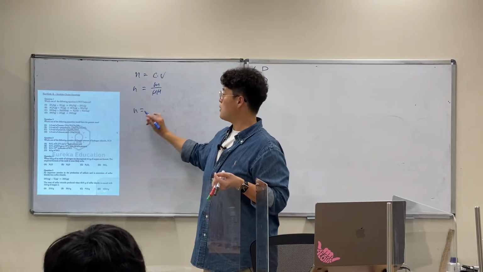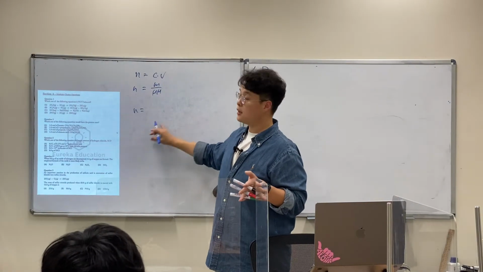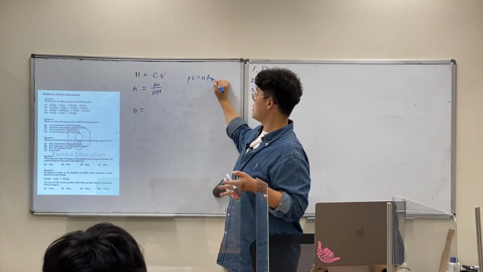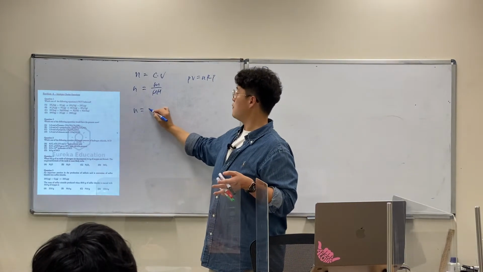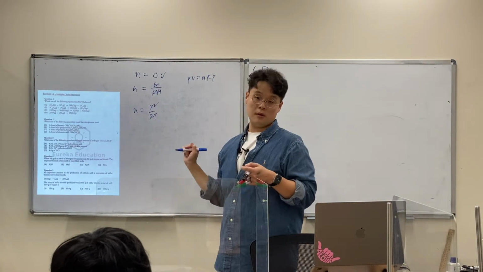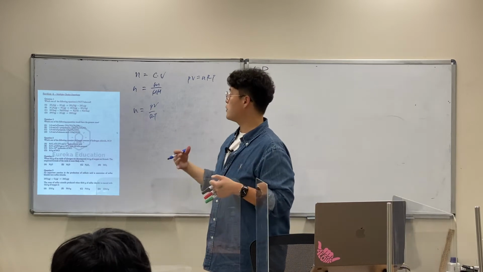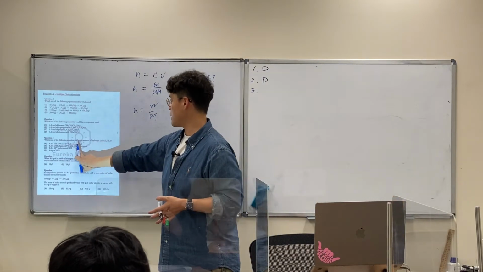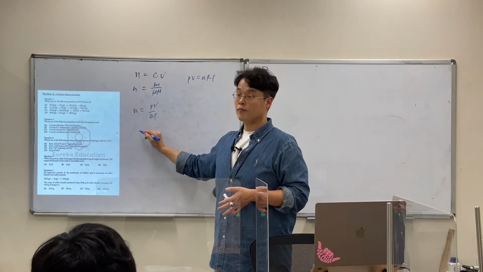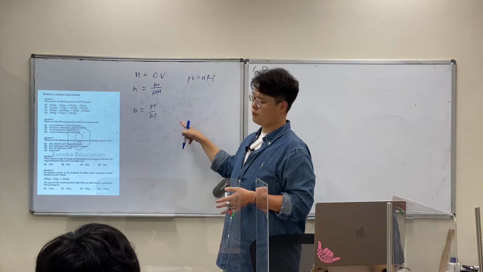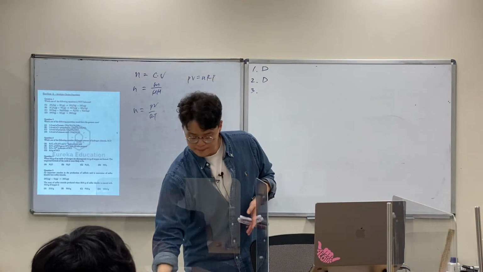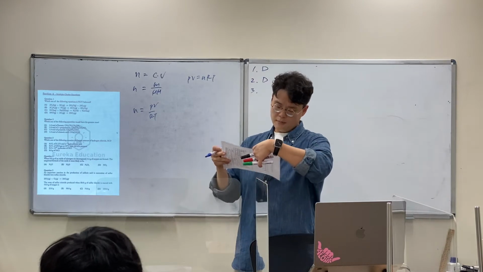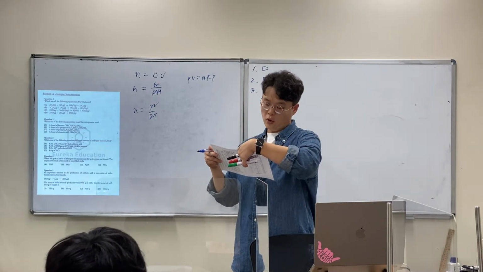Very good. Or n can also be found for a gas using PV equals nRT, so PV over RT. Or if you know the standard room temperature, that works in some cases. Yes, all of them.